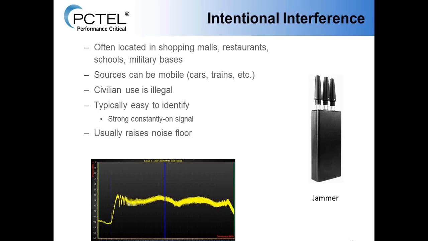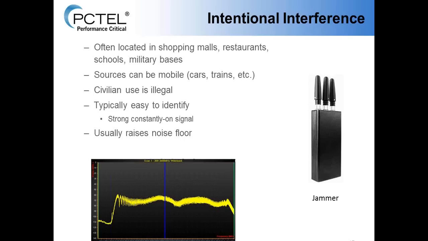They're typically easy to identify, since they have a strong, constantly on signal. They usually raise the noise floor, as shown here in the chart below. A couple of examples of this: a school teacher didn't want her children to use cell phones during class, so she deployed a jammer inside her desk in the classroom.